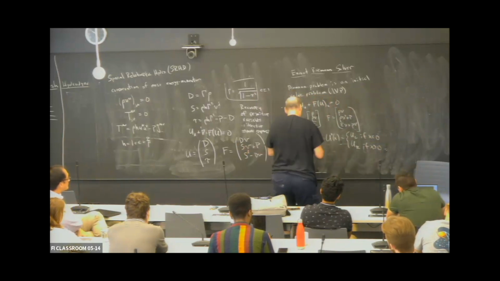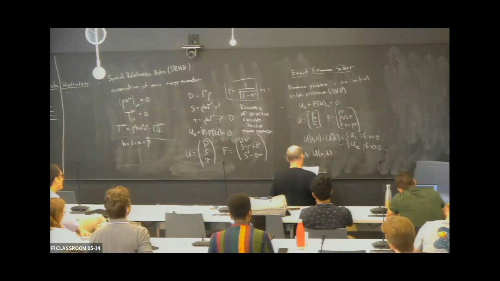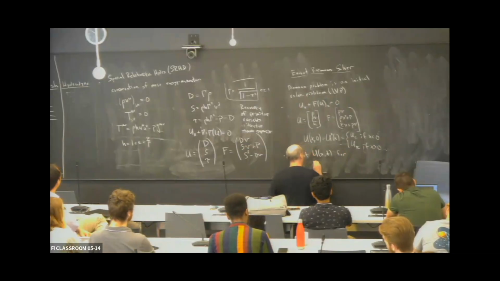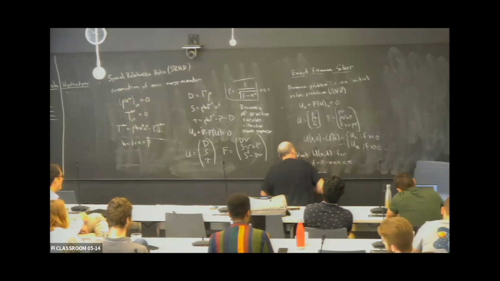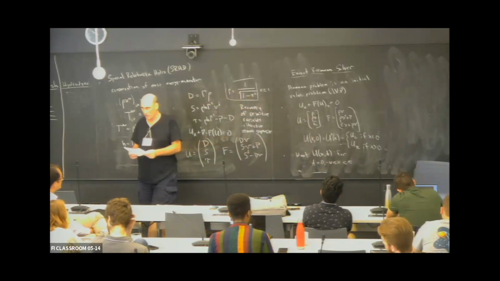And then to solve the Riemann problem means to find u of x and t for t greater than 0 and x everywhere. Okay, so that's the Riemann problem for the Euler equations.